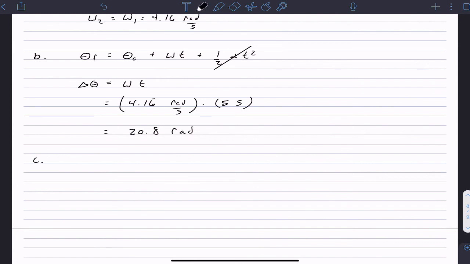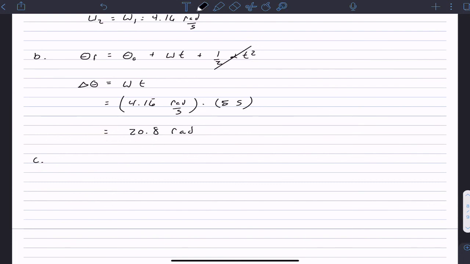All right, next, part C. What distance in meters does each child move in 5 seconds? Okay, there we go, because I was just talking about this. Now we have the angular distance, the total angular distance traversed by both children.